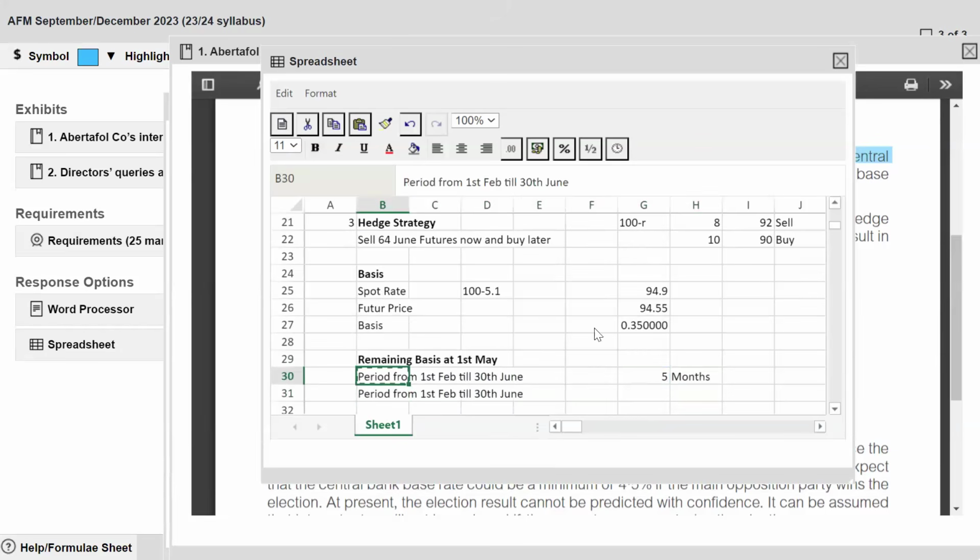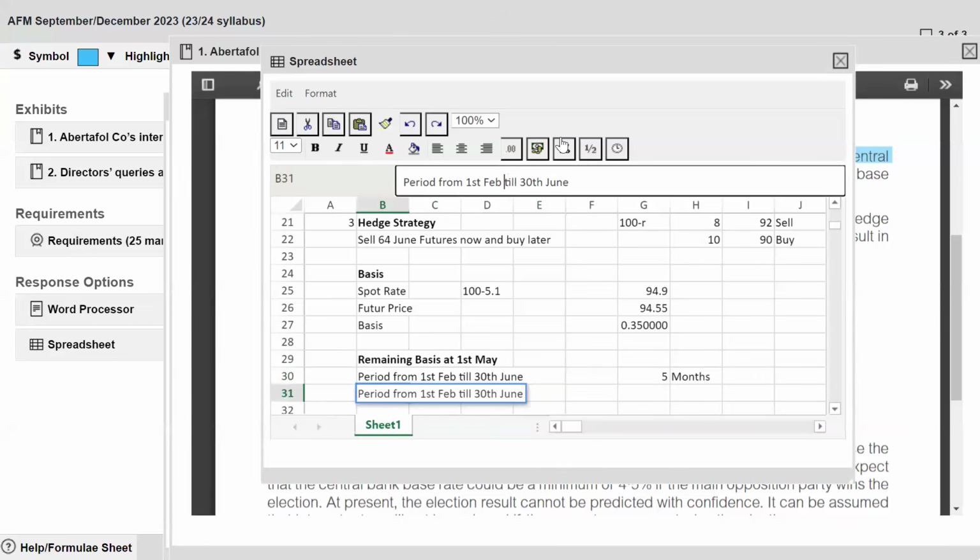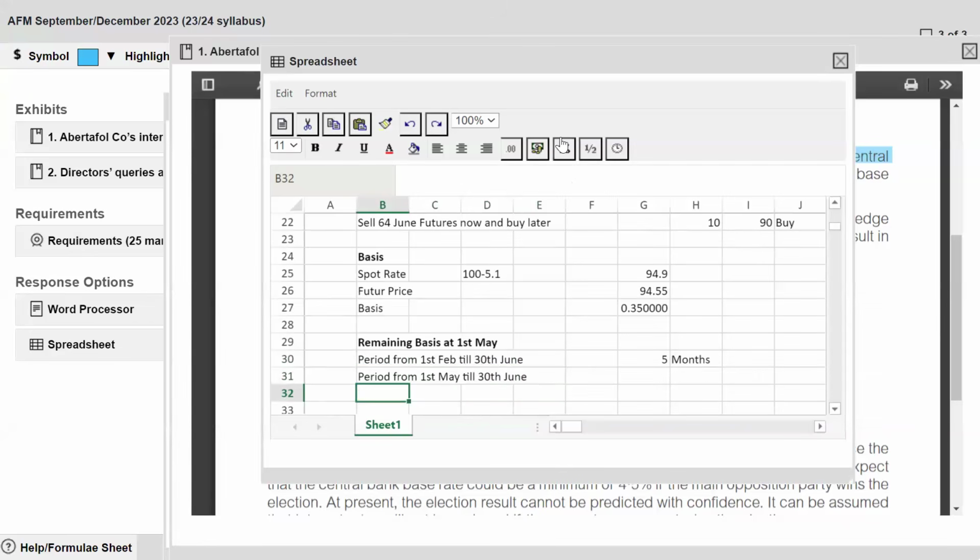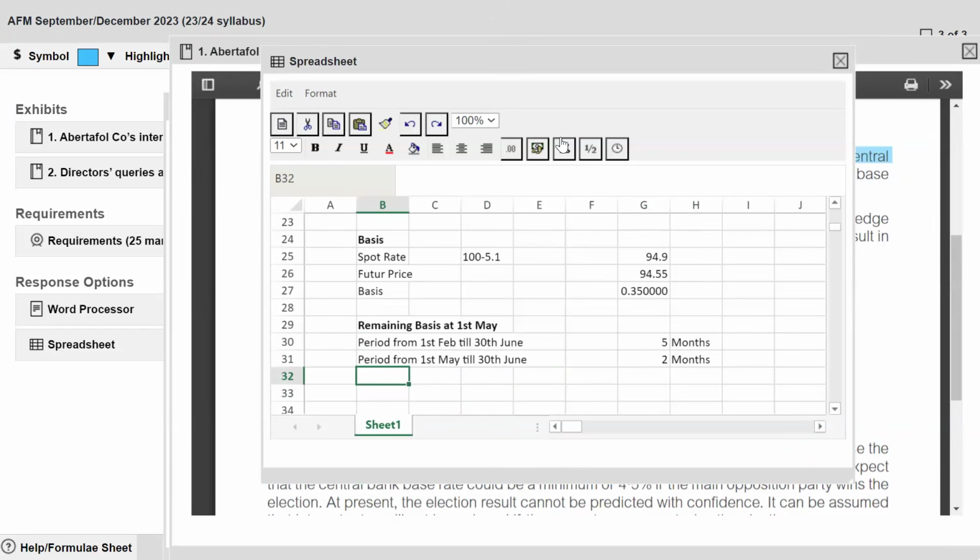The period from 1st May till 30th June is 2 months, right?